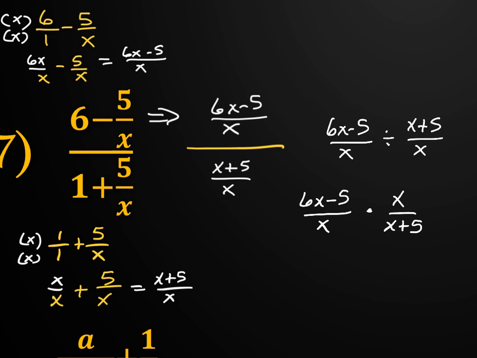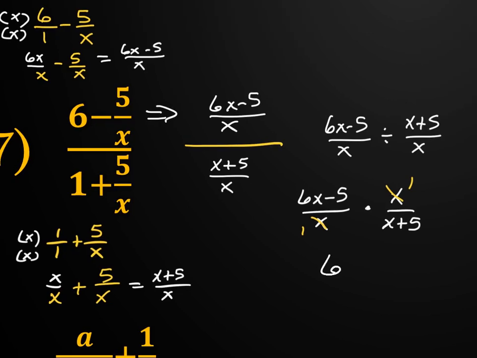The only thing that simplifies here are the x's. And now I multiply what remains. Final answer, 6x minus 5 over x plus 5. Nothing simplifies. Again, you're looking for an exact match to cancel.